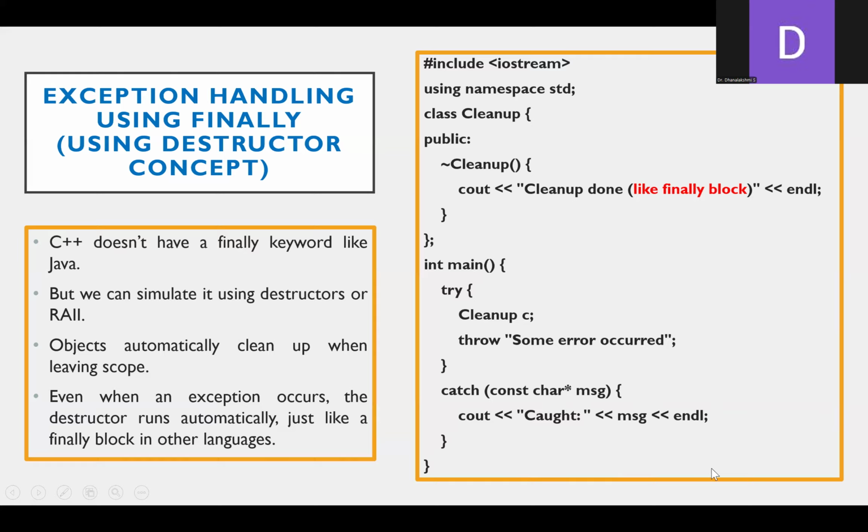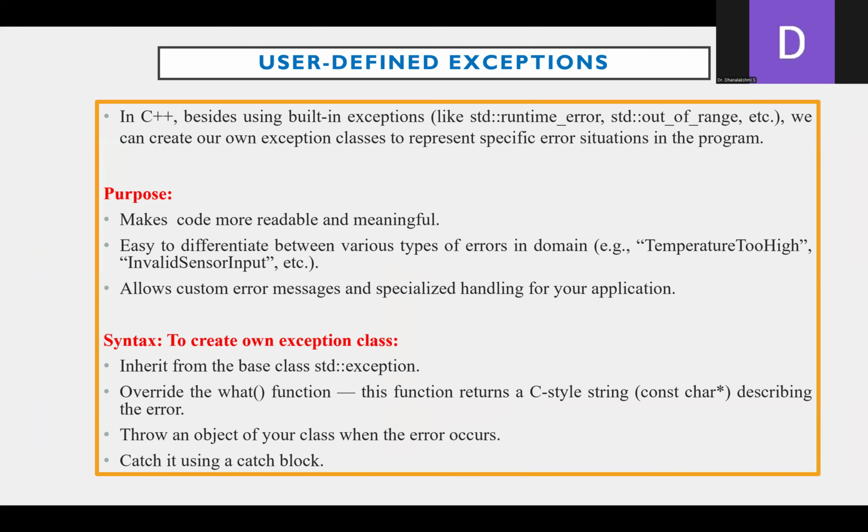So it prints "some error occurred". This is called exception handling using finally; as in other languages, we are not going to use the finally keyword here. Coming to the last topic here, that's user defined exceptions.